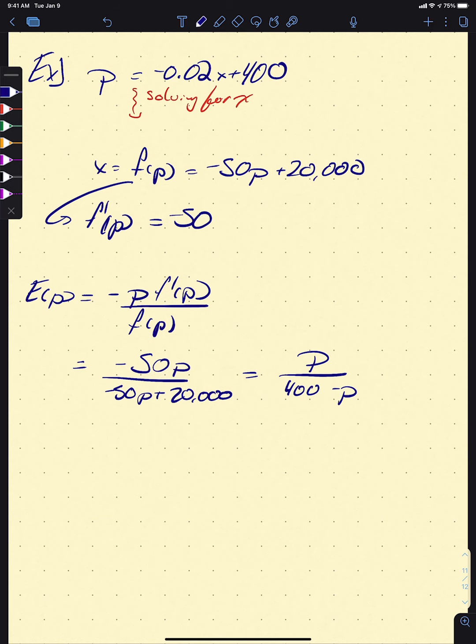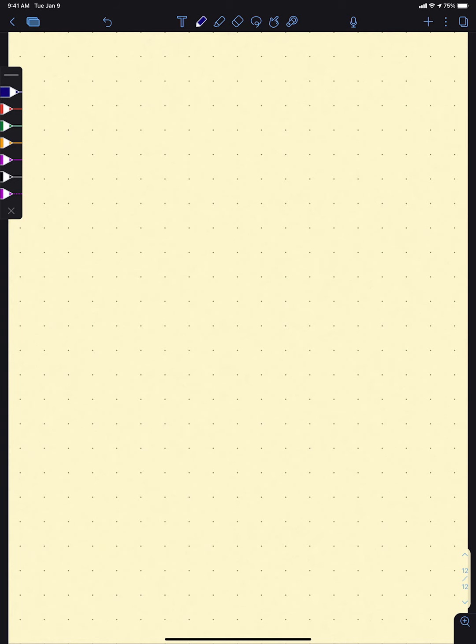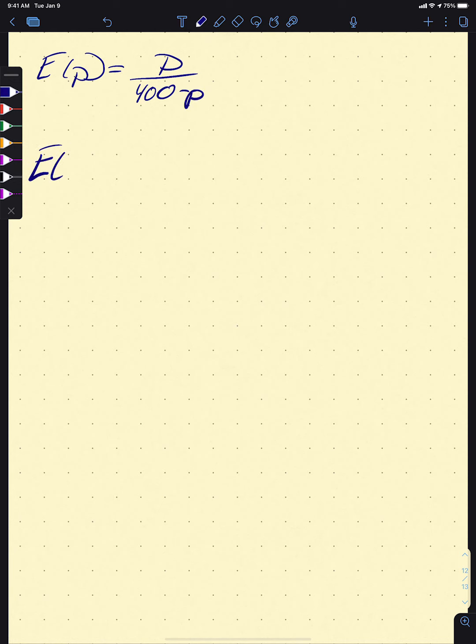Let's look at two particular instances. We'll copy down our equation so we don't forget it: p over 400 minus p. Let's take a look at E of 100, then E of 300.